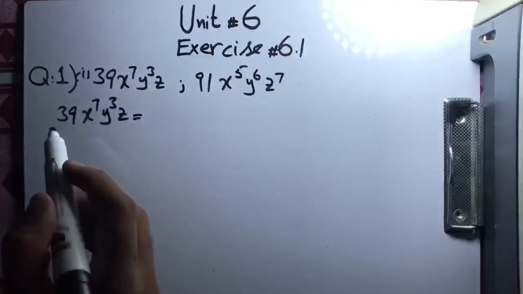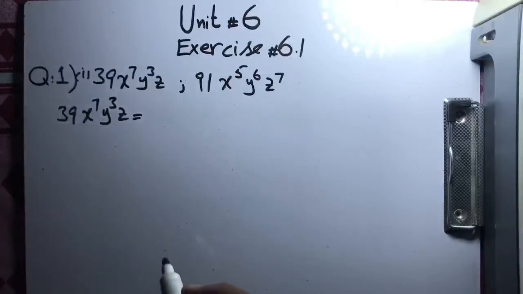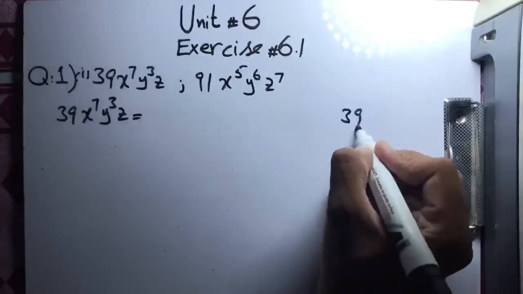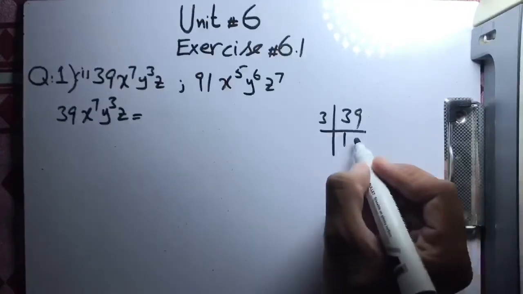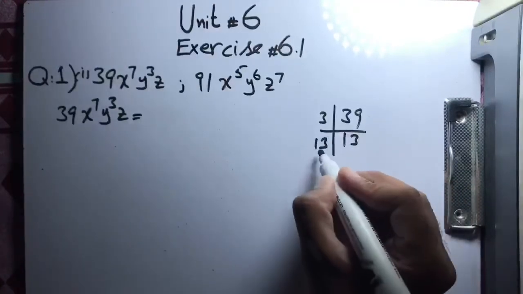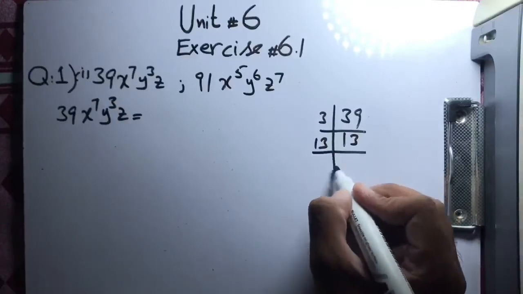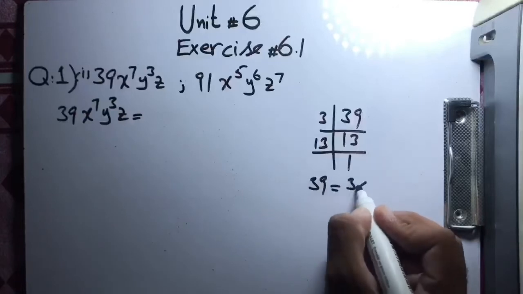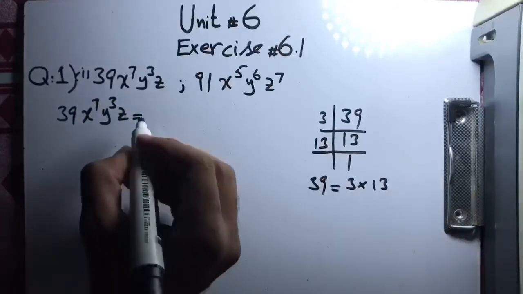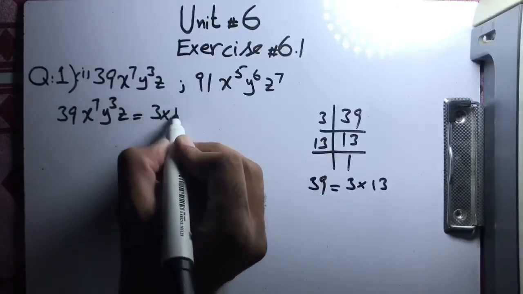First of all, we take the factors of 39. 3 ones are 3, 3 multiplied by 3 is 9, 13 threes are 39. So 39 is equal to 3 multiplied by 13. So we write here 3 multiplied by 13.